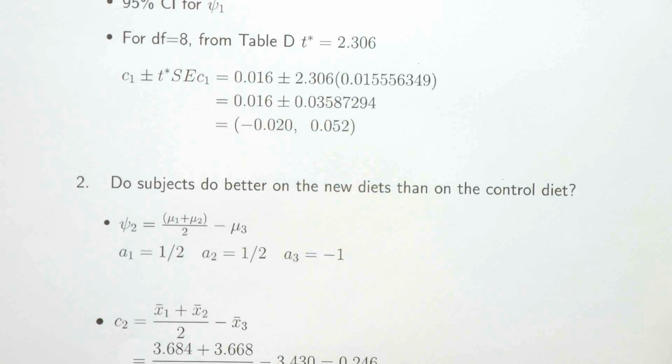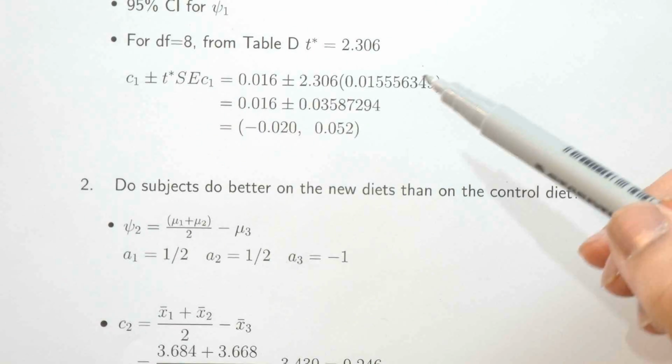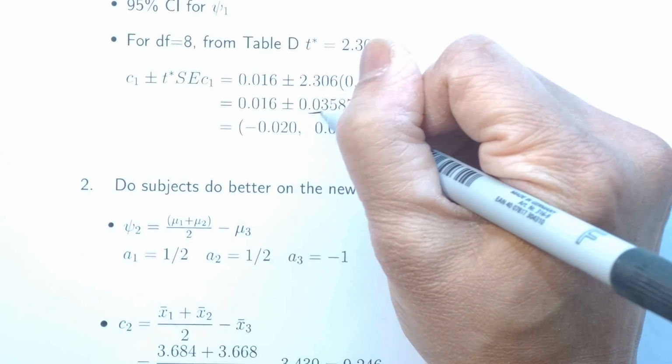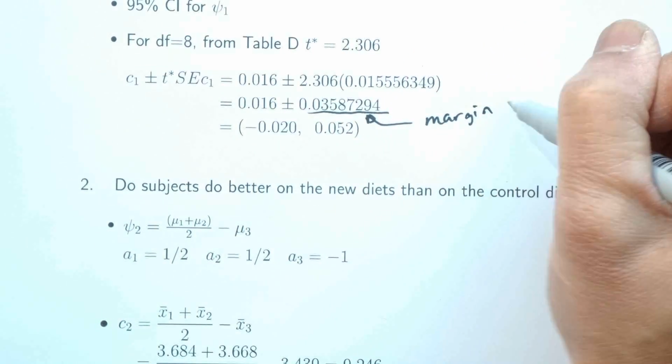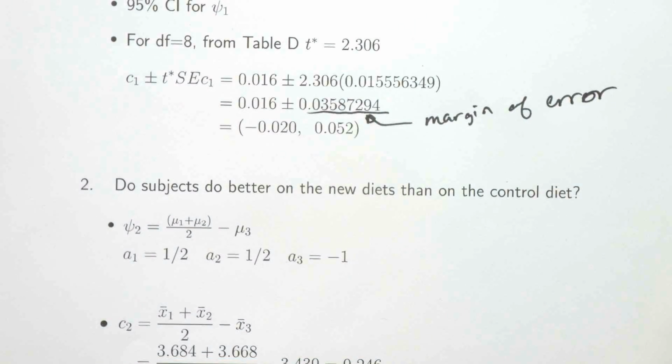Okay, so we have the t-star. We just need to plug in the standard error that we got from the previous page. And so now we can see that the margin of error is 0.03587. And then when we actually calculate the confidence interval, we see that it runs from minus 0.02 to 0.052 pounds.